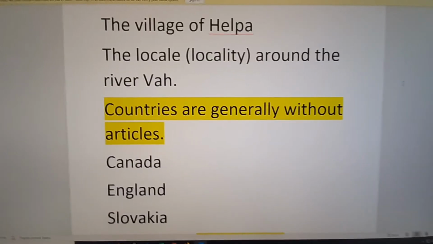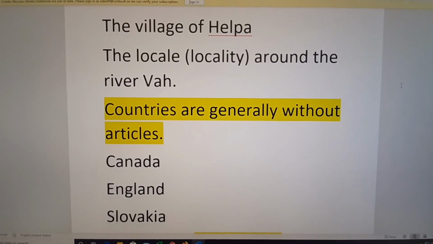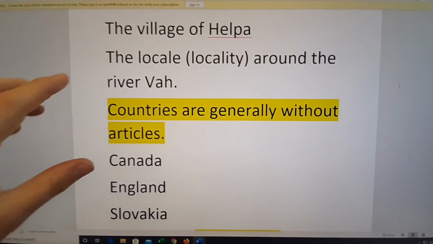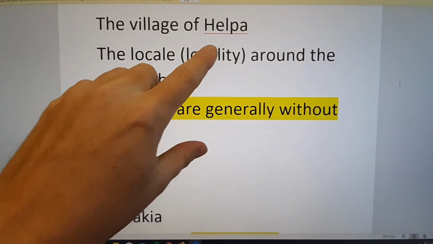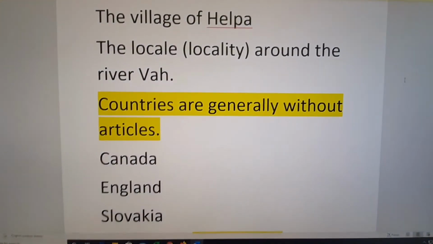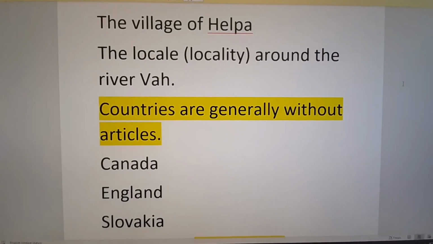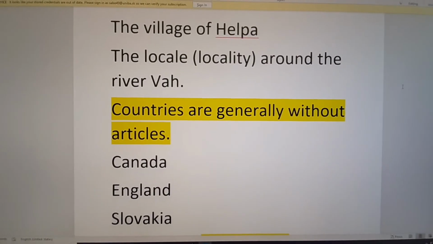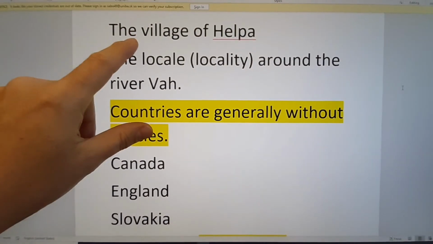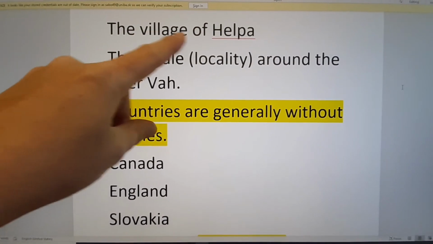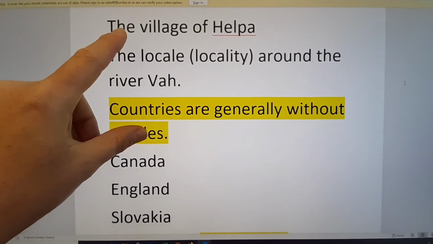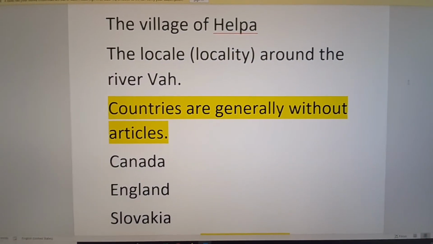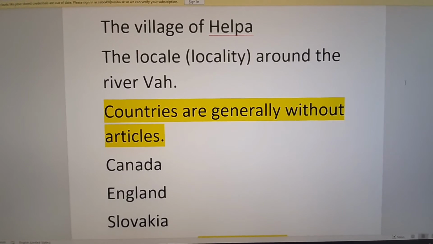Okay, so if you are talking about the name of a village, many times I come across Helpa village or Plavetsky Štvrtok village or something like that. Try to express it: the village of Helpa, the village of Plavetsky Štvrtok, the village of Rusovce.